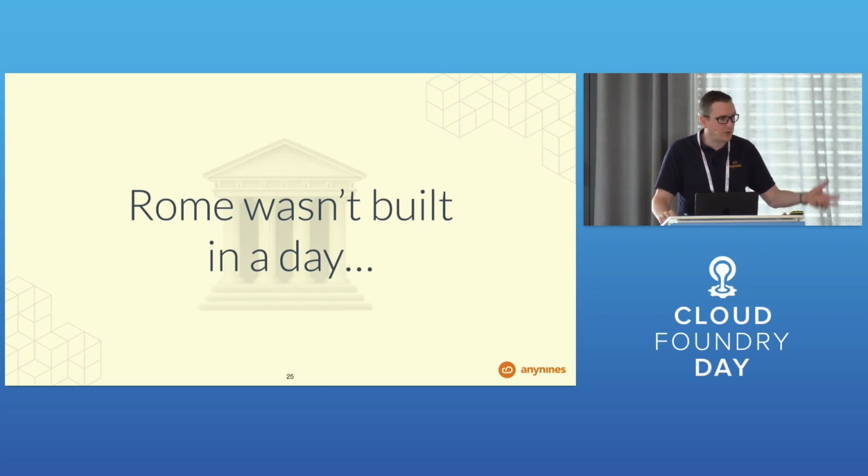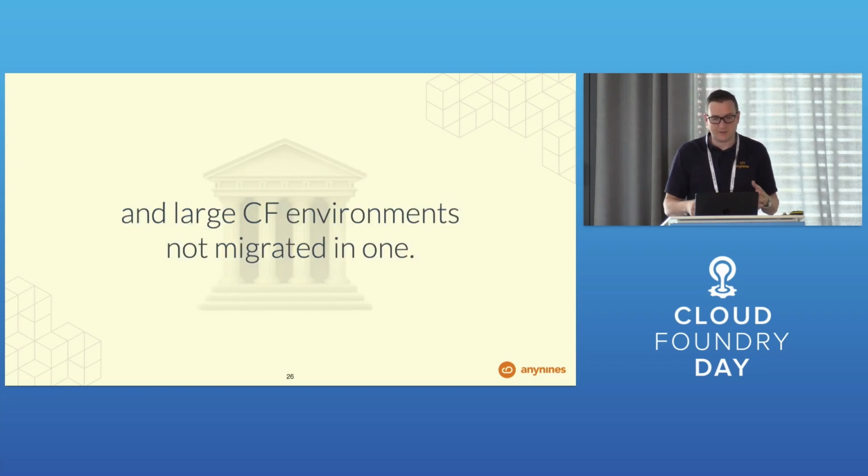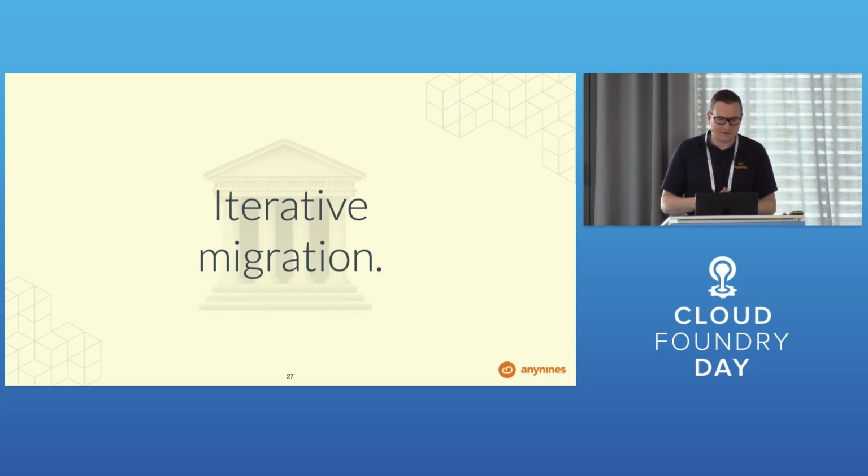If you read all the object data and write it into the target system, this takes a while, possibly even days. As I said, what's the production system, and when do you do the switch over? So the way to do that is to do this in an iterative way, and you need to have a migration logic that allows you to do that.